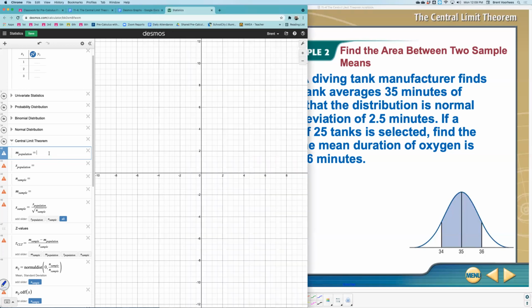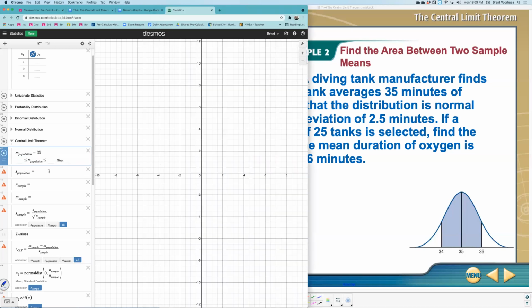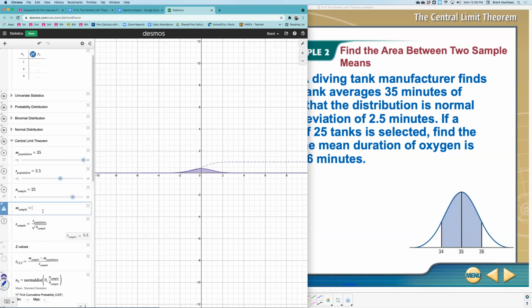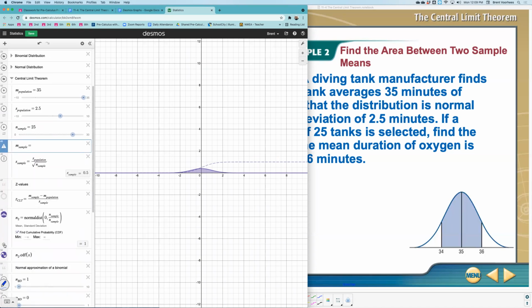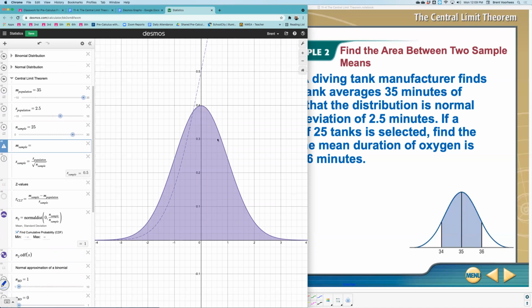I'll use my calculator to show you this. We have a mean of 35 with a standard deviation of 2.5. The number of samples we're looking at was 25. And I'm gonna leave off the mean here for a second. And so here's our normal distribution. But you're looking at it from 0, not from the probability of 34 to 36.